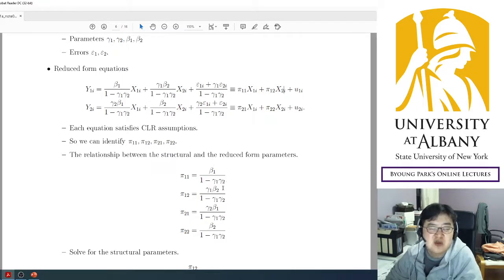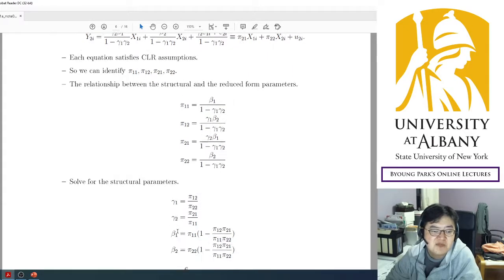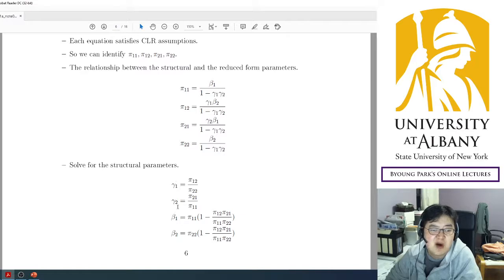Suppose that you have numbers, you have results for these 4 left-hand side parameters. After some simple algebra, you can show gamma 1, gamma 2, beta 1, beta 2 can be written as functions of the reduced form parameters.